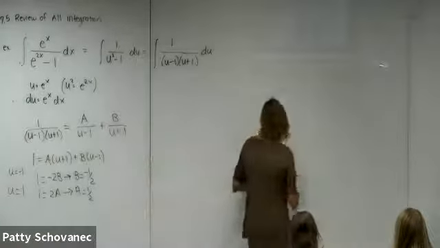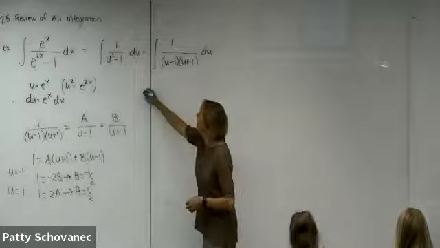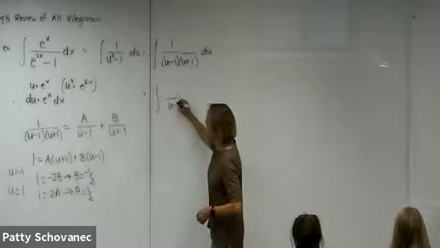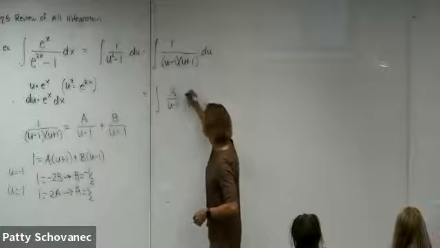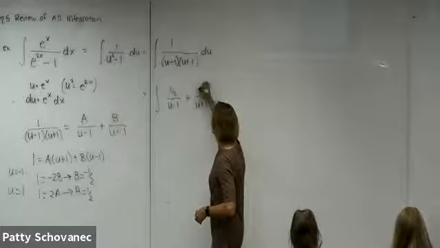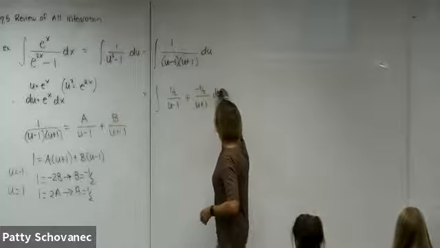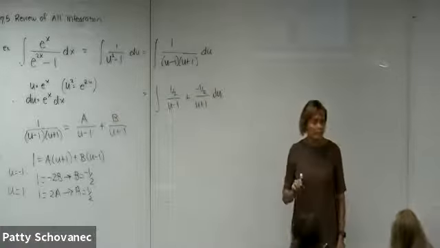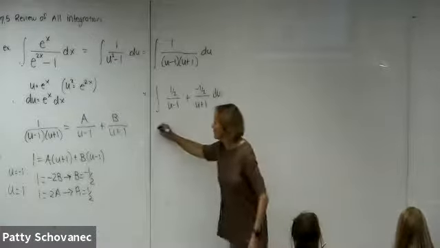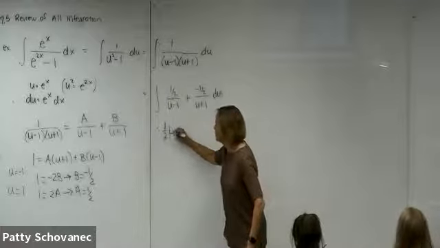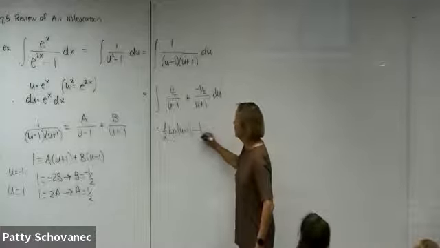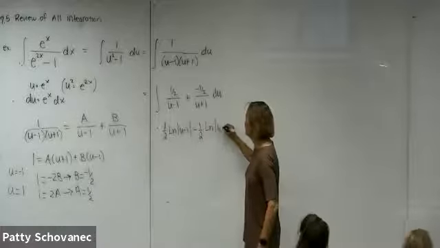And so we're integrating here A over u minus 1, A was 1/2, and B over u plus 1, B was -1/2. Since that's just u to the first power, those are both logarithms. So we get 1/2 the natural log of u minus 1 minus 1/2 the natural log of u plus 1.